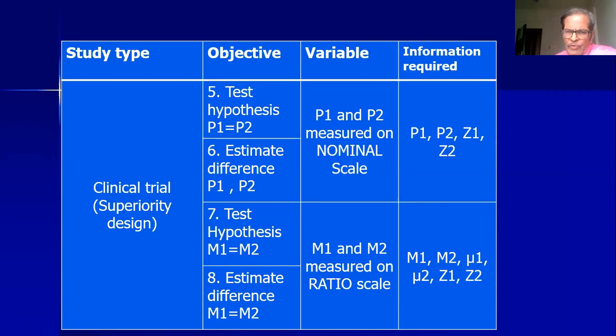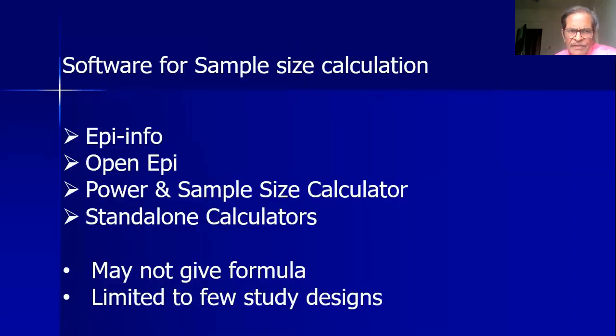So M1 and M2 here are either on the ratio scale or on the interval scale. So the information required for calculating the sample size is M1, that is the expected mean in, say, the study group, M2 in the control group, the standard deviation of M1, the standard deviation of M2, expected standard deviation, and Z1 and Z2 are the Z values associated with the chosen alpha and beta error.